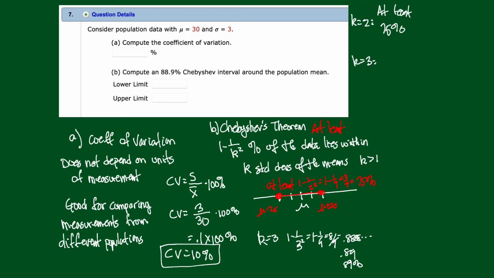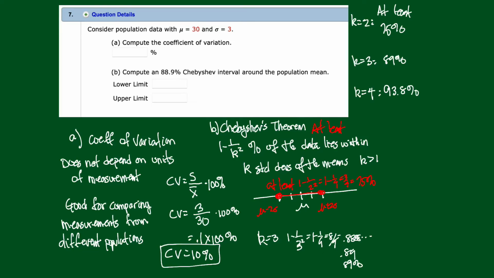You can try this one here. If k is equal to 4, that's 1 minus 1/4 squared, 1 minus a 16th, 15/16. That turns out to be at least, I'll round it off, 93.8%.